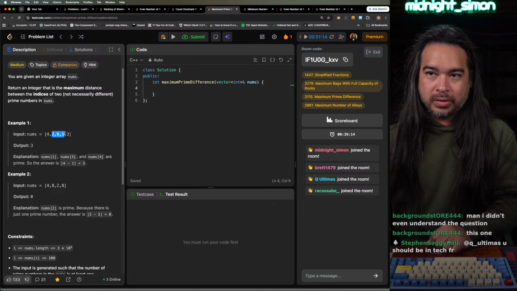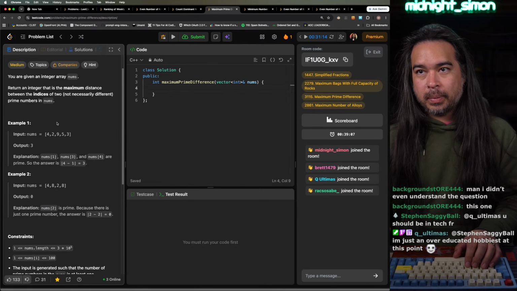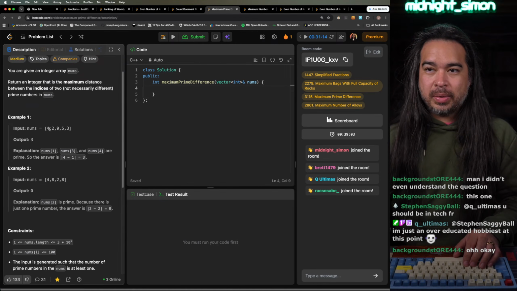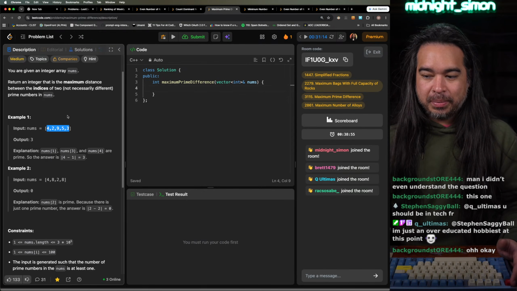So 1, 2, 3. That's how far the two prime numbers are from each other. So basically, this question is asking for the leftmost prime number and the rightmost prime number or something.